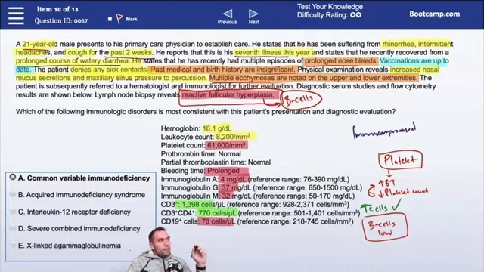So remember, the issue in severe combined immunodeficiency, which in my opinion is probably the highest yield of these 5 on the list, maybe up there with option B, is that you're going to have low T cells and low B cells. We can see here that the T cells are actually within the normal range. And usually, severe combined immunodeficiency tends to present around 3 to 7 months of age, right?